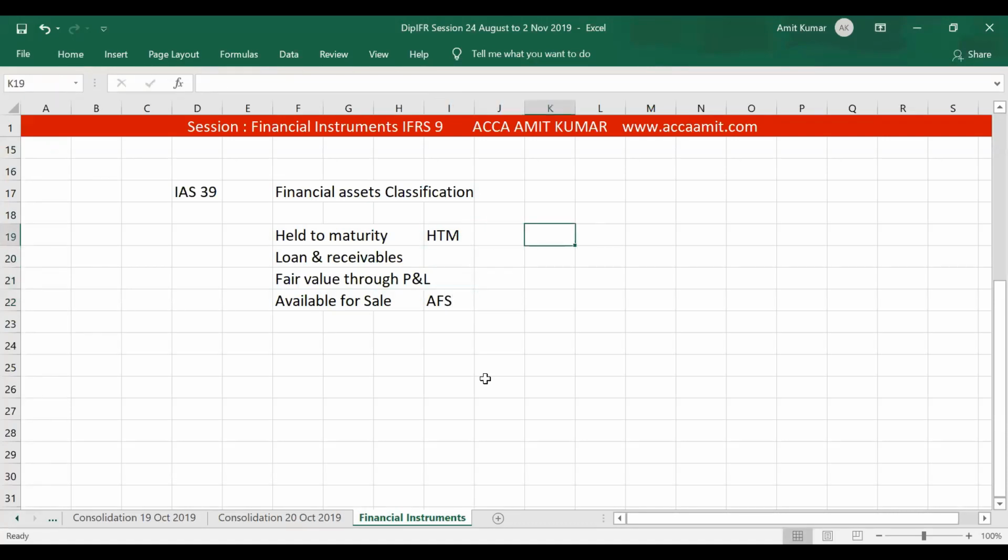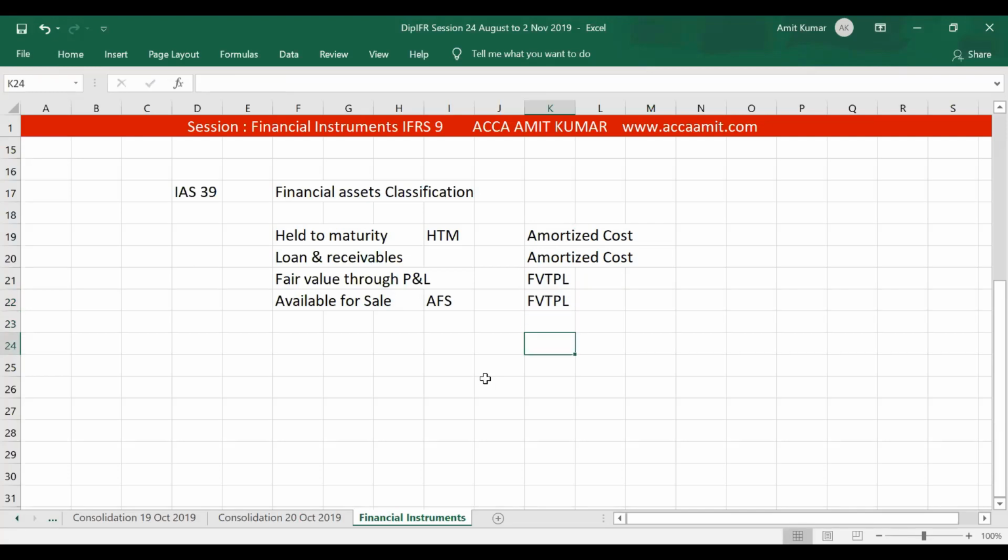Held to maturity was measured at amortized cost. Loans and receivables were measured at amortized cost. Fair value through P&L, as the name suggests, through P&L, and available for sale were also at fair value.